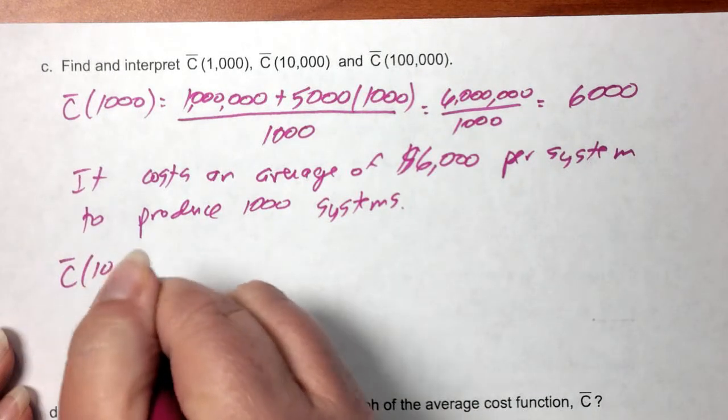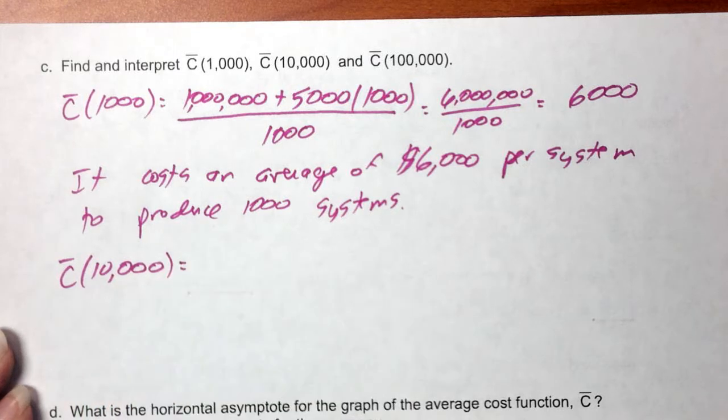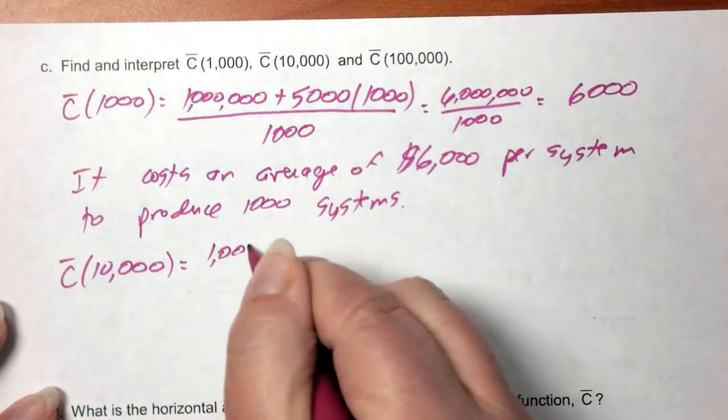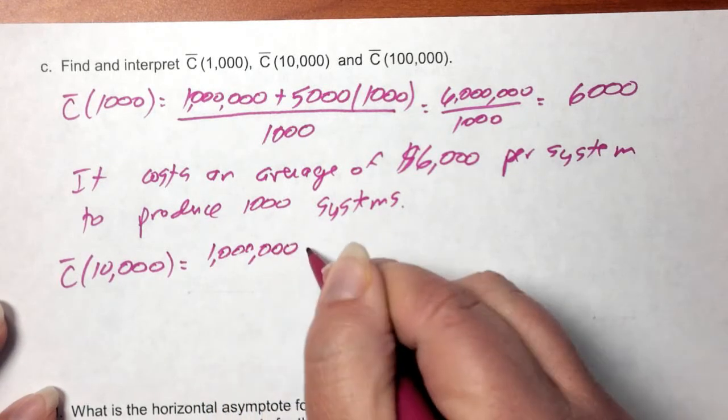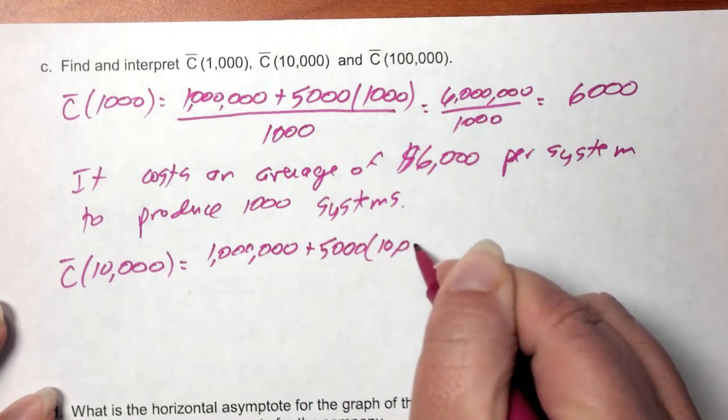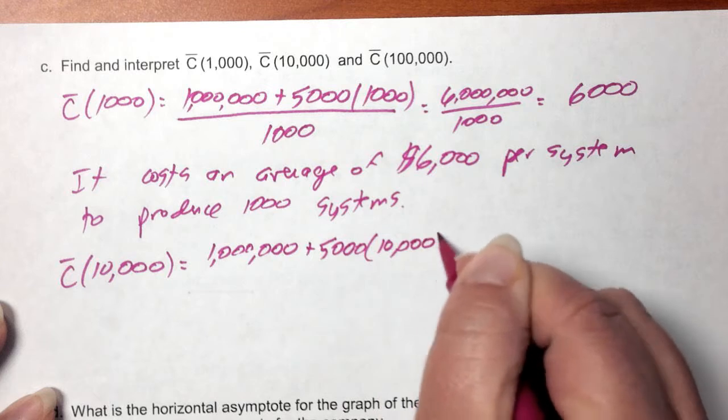Now, what is the average cost of 10,000? How much does it cost per unit if you build 10,000? So notice you still have your $1 million that you're spending plus 5,000 times 10,000.